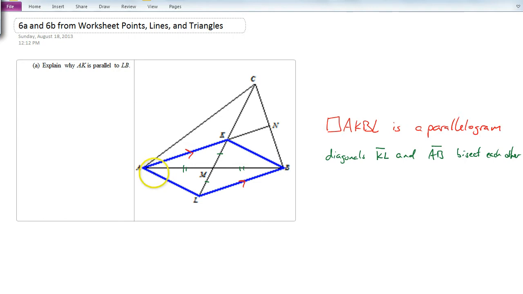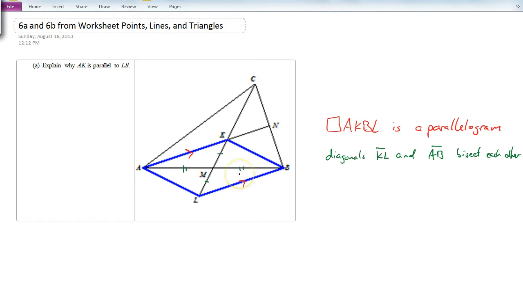Earlier in the problem, in the description, you were told that CM is a median of triangle ABC. So therefore, we know that CM intersects AB at its midpoint. So this is certainly congruent to this.